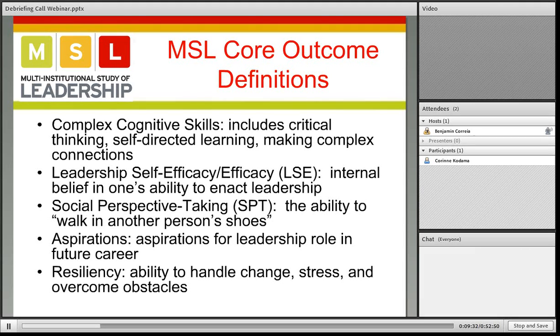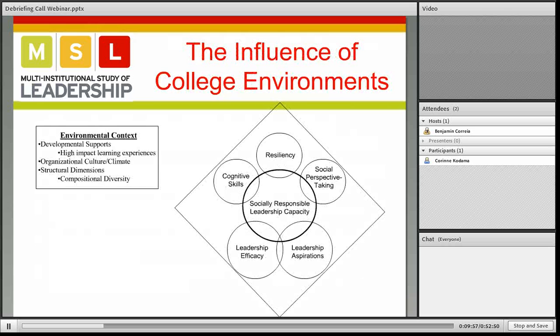Social perspective taking is basically being able to walk in another person's shoes or see the world through another person's perspective. Aspirations deals with someone's drive to take on leadership roles in their future career. And then resiliency is someone's ability to handle changes and stress and difficult situations.